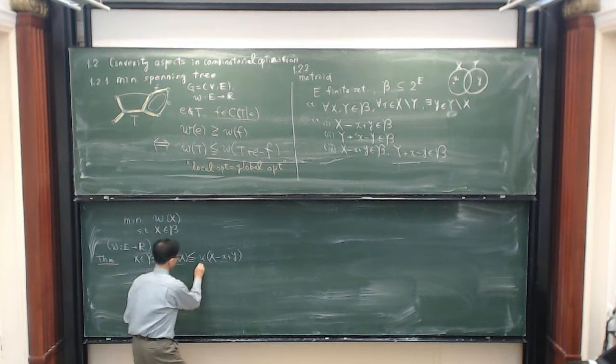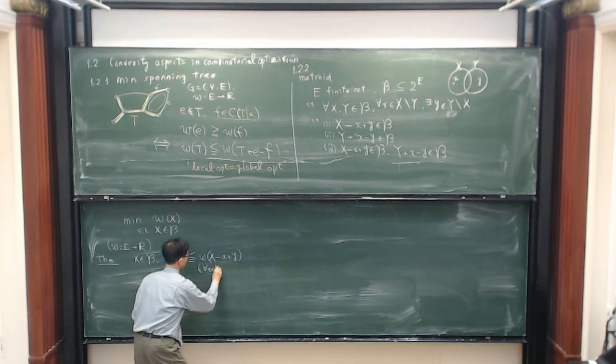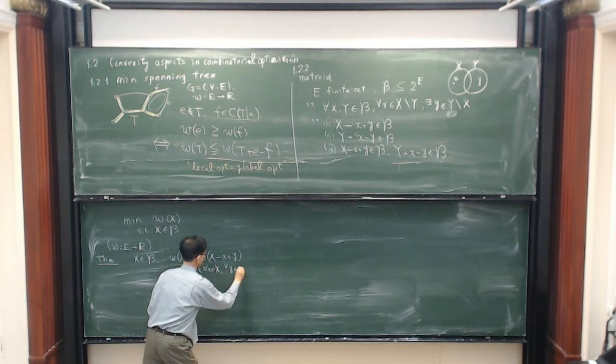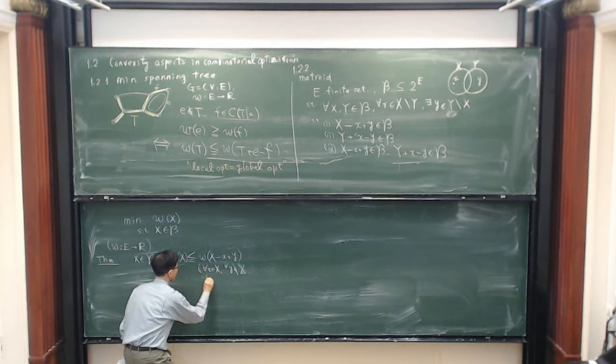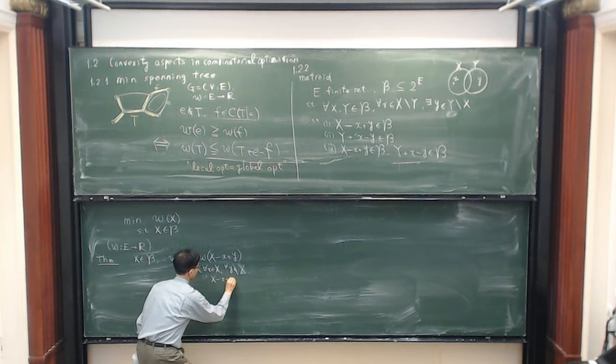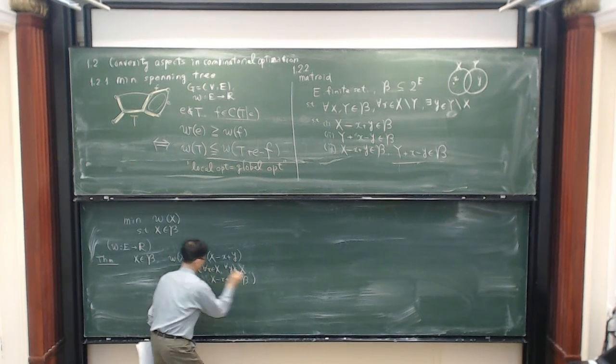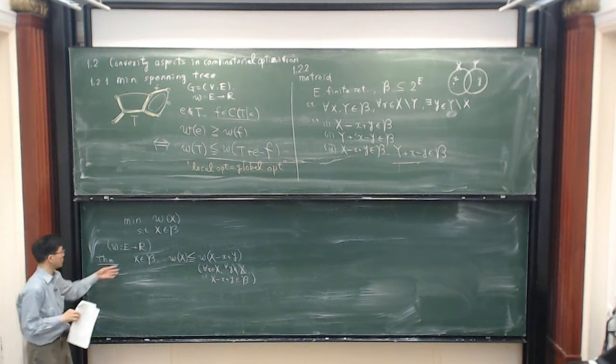Or more precisely, for any x, any y outside x, such that x minus x plus y is a base. So this is the local-global theorem.